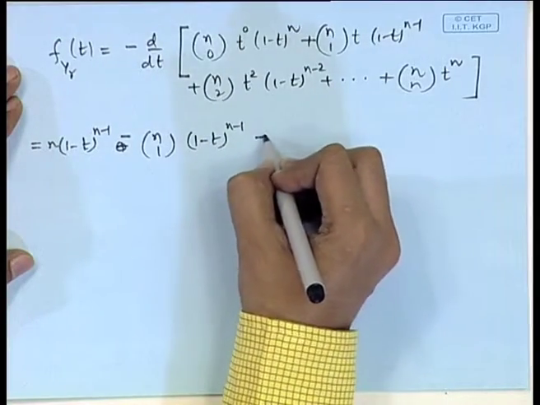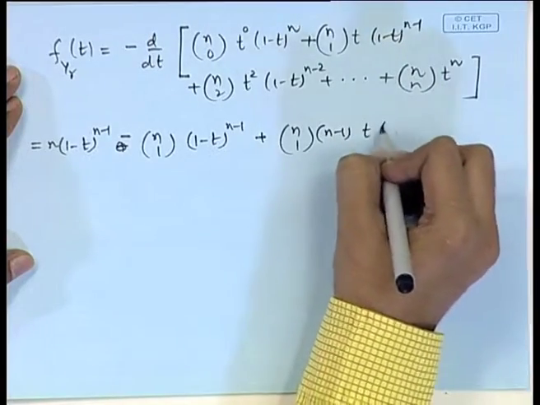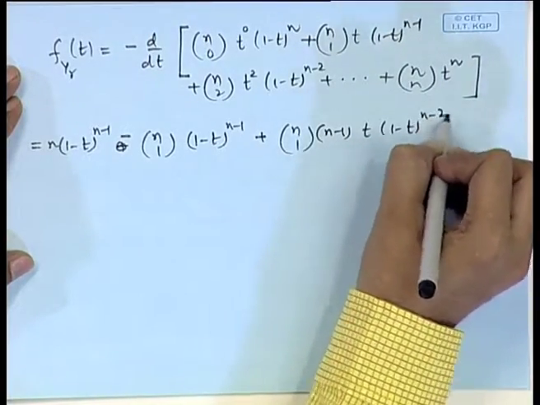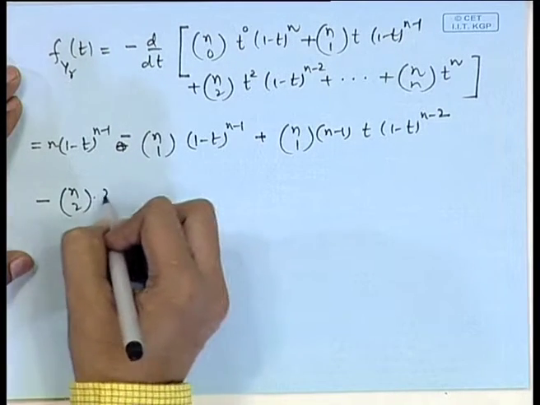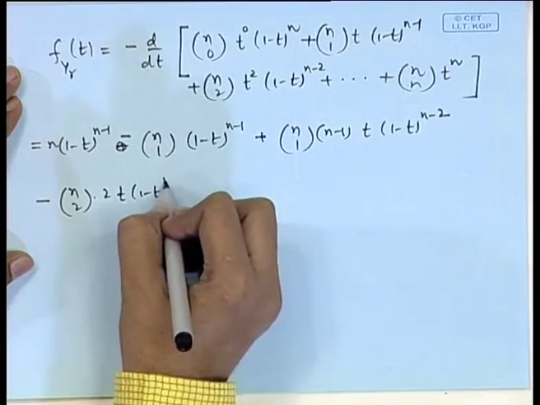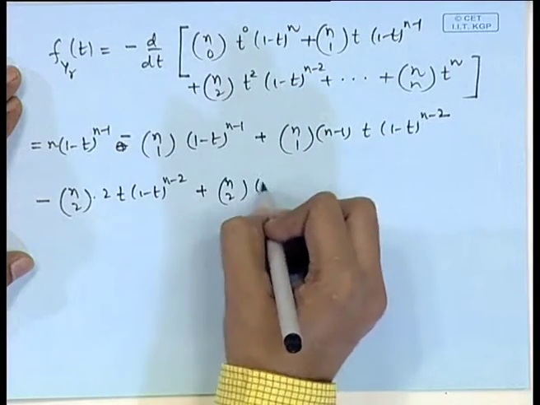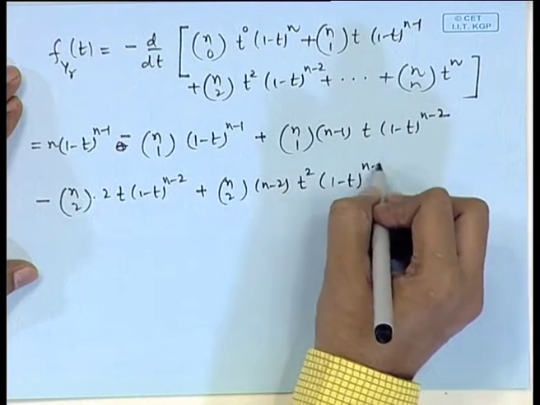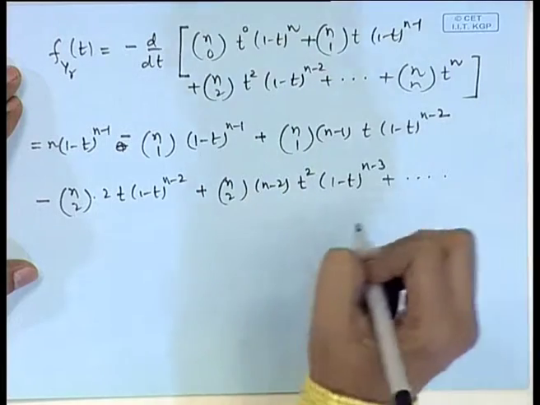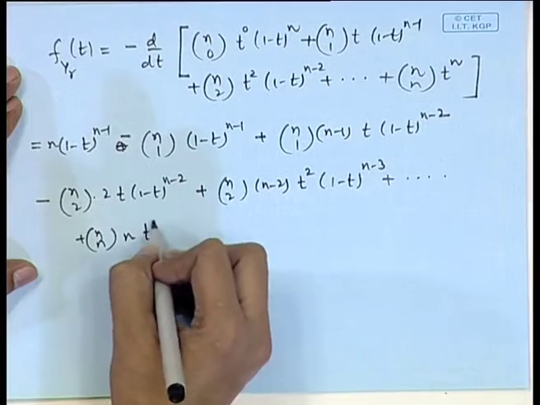And then you will have plus nC1 into n minus 1 t (1 minus t) to the power n minus 2, minus nC2 into 2t (1 minus t) to the power n minus 2, plus nC2 into n minus 2 t square (1 minus t) to the power n minus 3, plus nCn n t to the power n minus 1.